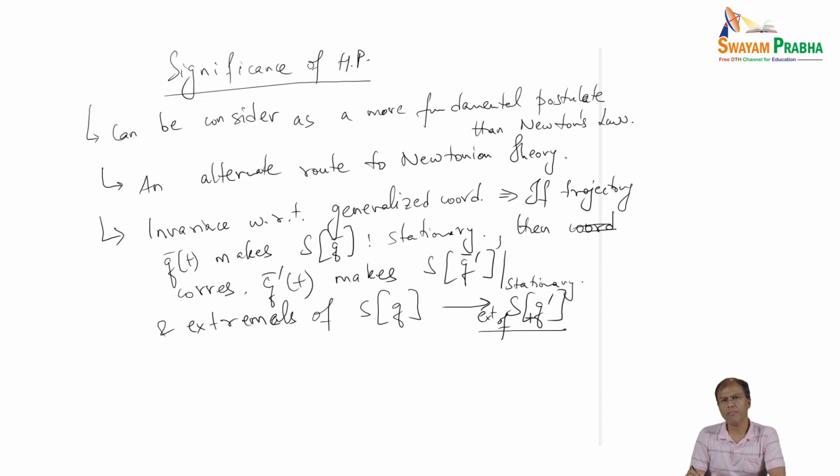And this particular property of the invariance of the action integral is nowhere to be seen in Newtonian mechanics. And that is why, using this invariance property, we can greatly simplify our problems in the Lagrange equation of motion. So that exactly sums up the specific advantage of Hamilton's principle.